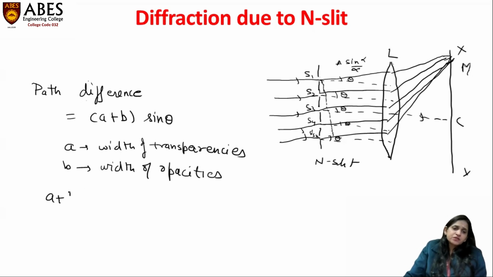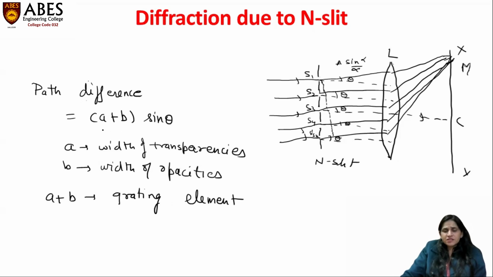So a plus b together is known as the grating element. In the case of a single slit, the path difference was a sine theta because there was a single slit. But over here, the path difference depends on both the width of the transparency and the width of the opacity. Therefore, the path difference is equal to (a plus b) sine theta.